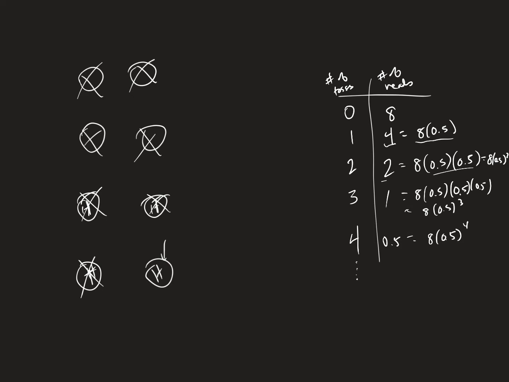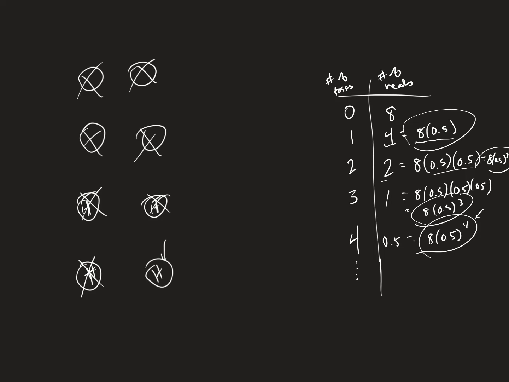Now, if I were to keep going here, you see there's a pattern in the number of coins that I have left over here. It's 8 times a half to a power, and that power is the number of toss we're on. This is a type of function called an exponential function.